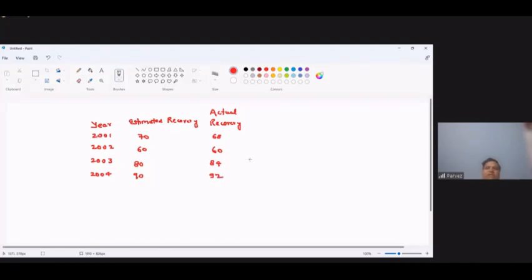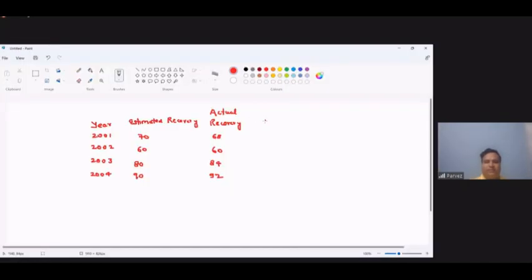So these things they have already given: the year, the estimated or expected recovery, and the actual recovery. So we have to find out just the variation. How much variation is there? That we have to find out. To find out variation, we have to find out percentage, what percentage we have recovered.